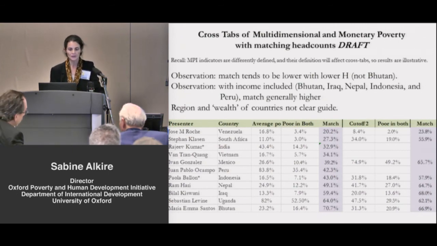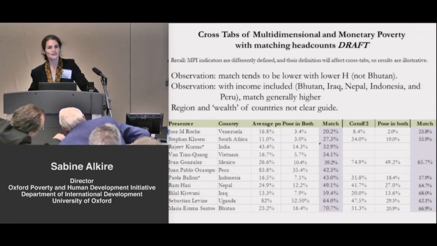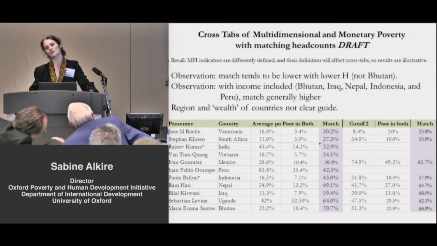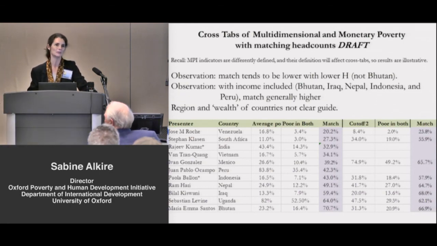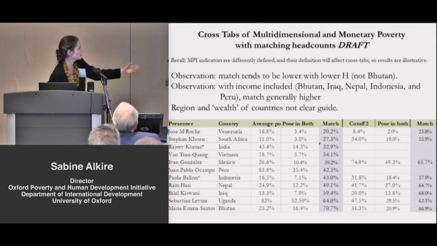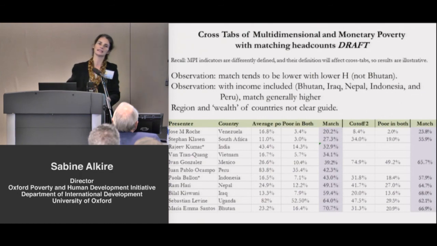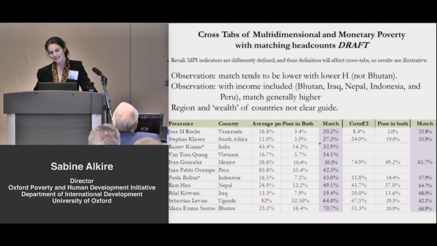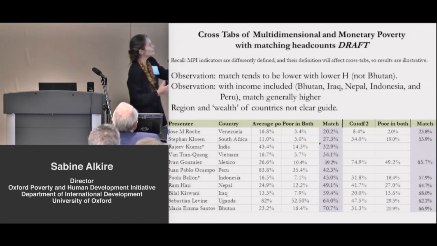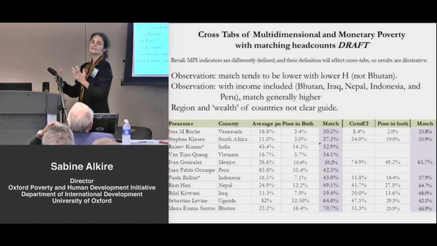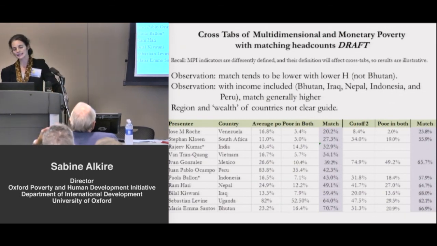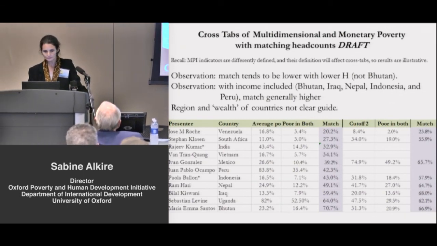We had a workshop on this in November, and Sebastian Levine was due to present his updated paper today from that workshop, and he was using the DHS HICE dataset in Uganda. But there are many countries in which the match between people who were actually identified as MPI poor and as income poor was quite low.